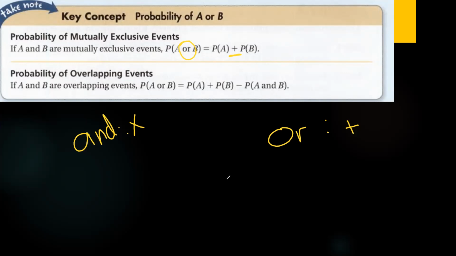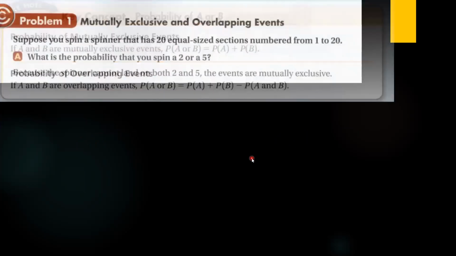So A or B will be probability of A plus probability of B. And if we are overlapping, if there's a common factor, the probability of A or B will be the probability of A plus the probability of B minus the probability of A and B. Let's go now to take more examples.